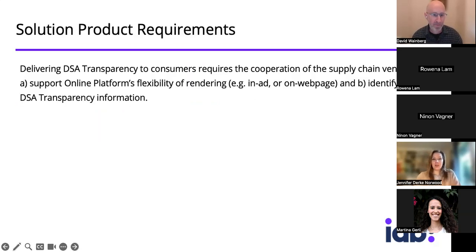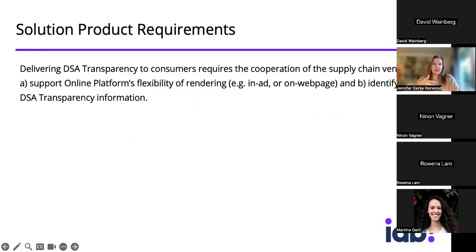So this one has animation. To dive further into detail about how the task force decided to approach and solve for the need to communicate DSA transparency information, we've understood that there are essentially two pieces of information that can be facilitated. Delivering DSA transparency ultimately to consumers requires the cooperation of the supply chain vendors and ad tech partners to, A, support online platforms' flexibility of rendering, so orchestrating how that information gets shown and what the publisher or platform needs in order to facilitate that.